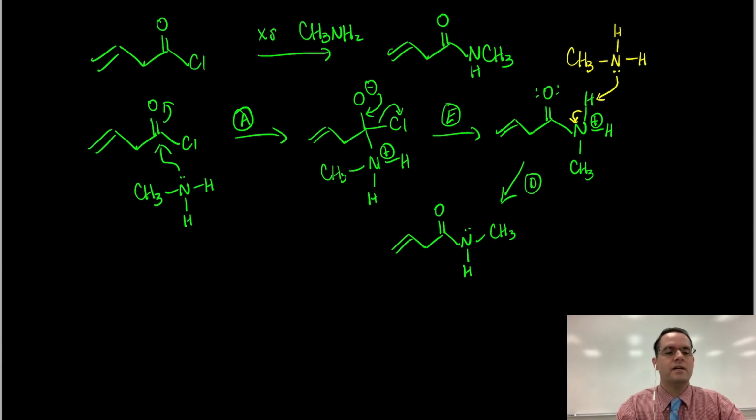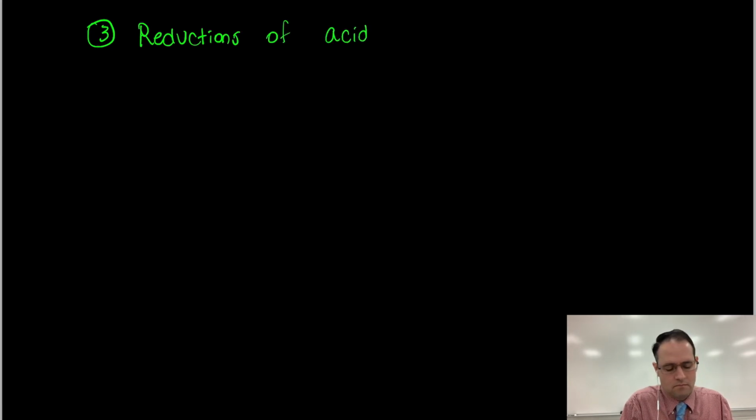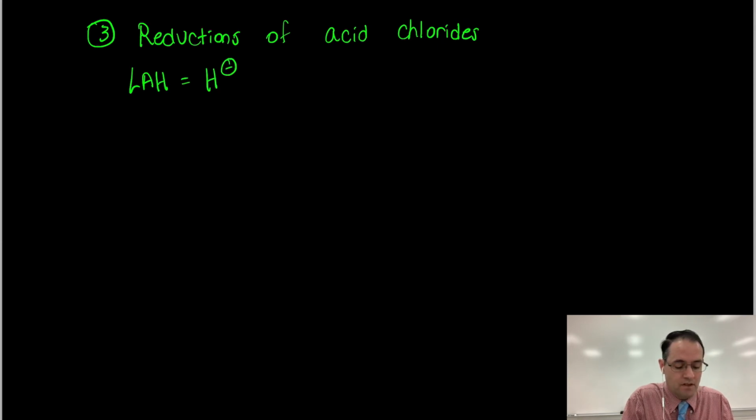Next up, we have reductions. Acid chlorides can react with lithium aluminum hydride. So remember that LAH is a source of hydride. Okay?